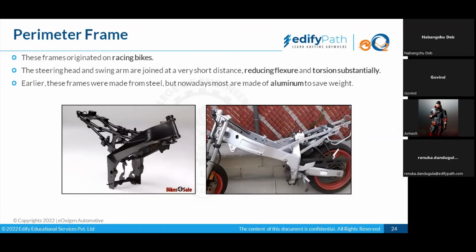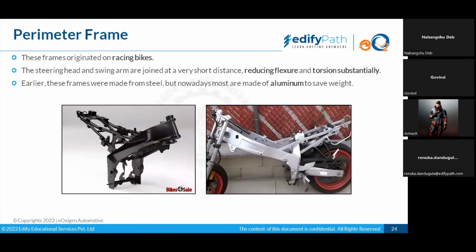The steering head and swing arm are joined at a short distance, reducing flexure and torsion substantially.